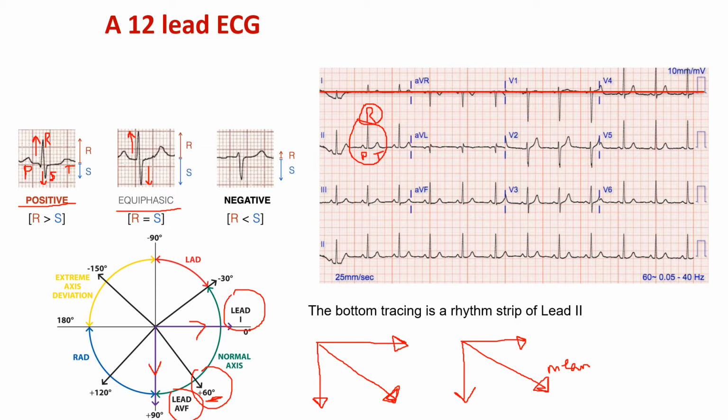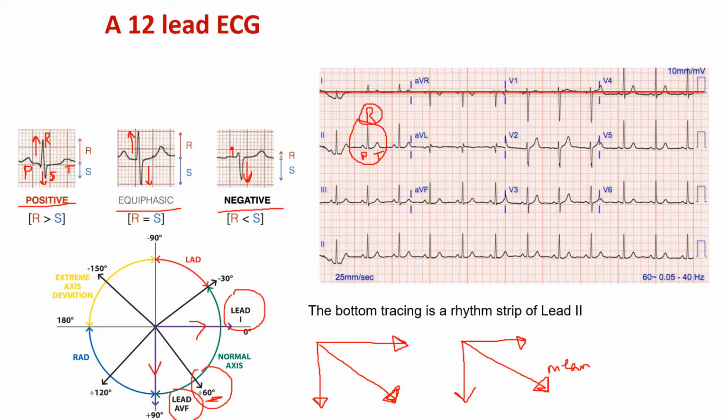If your R wave right here is way smaller compared to the S wave, we say that this is going to be a negative deflection, meaning again that your vector should be headed towards the negative side. If the R is larger than the S, then your vector is mostly going towards the positive side.